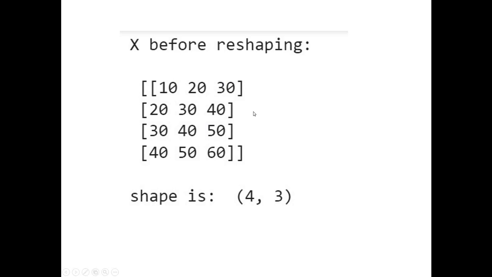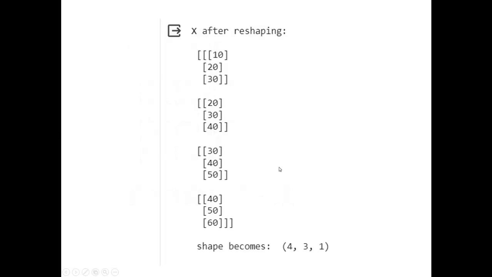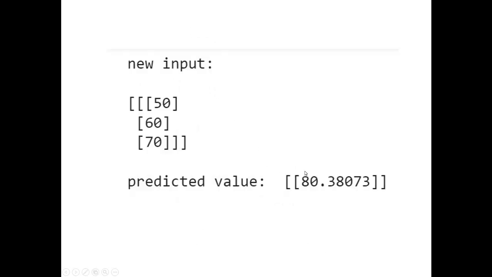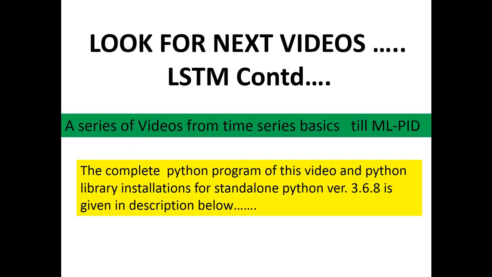X before reshaping would look like that, after reshaping it would look like that, and the new input looks like that. So now it is able to predict a new value. That is how LSTM works. A practical implementation of this will be demonstrated in the next video. Thank you.